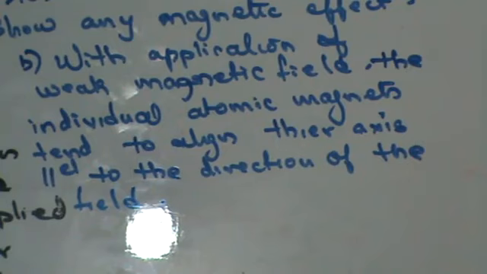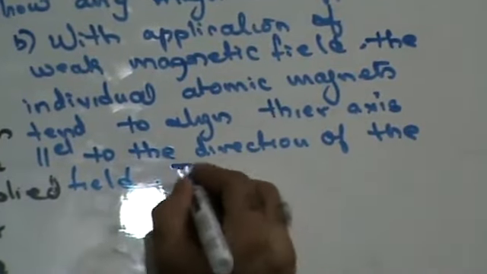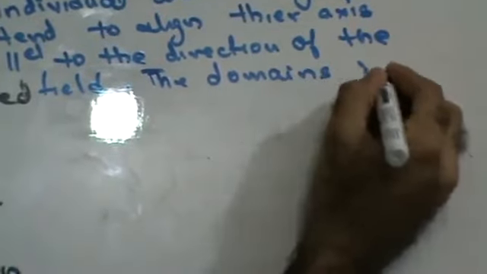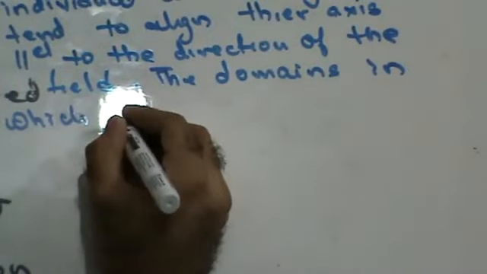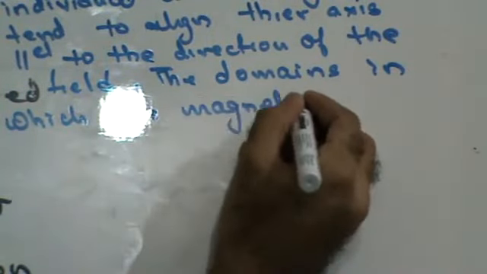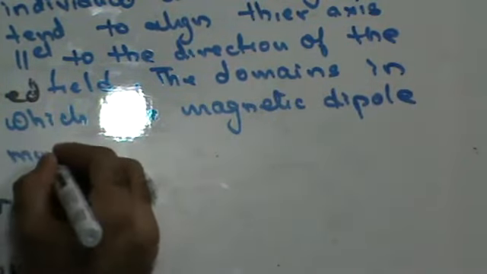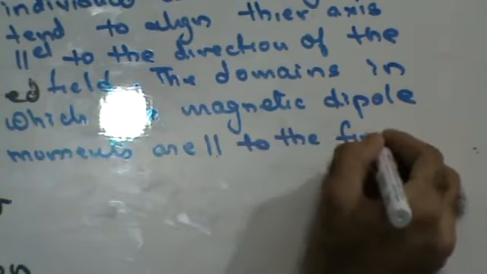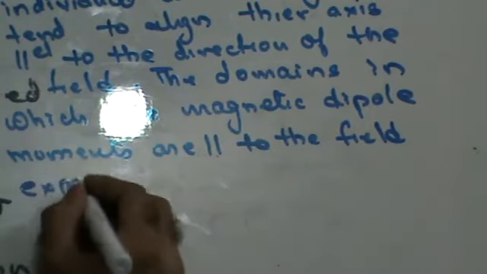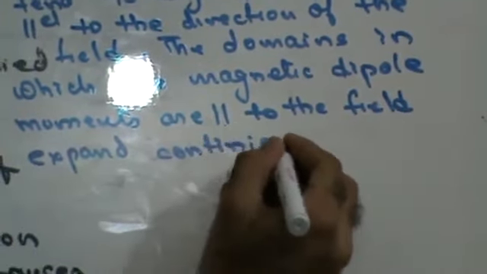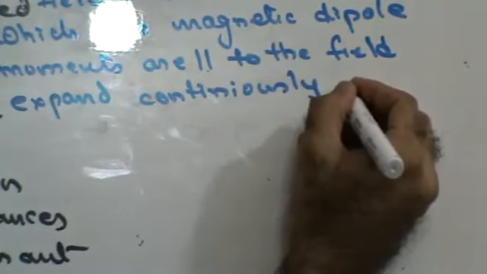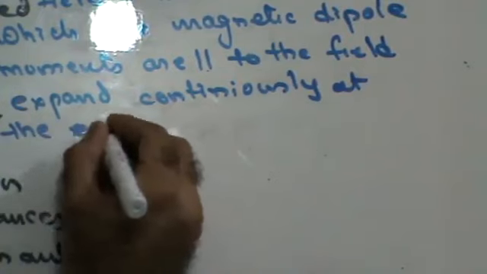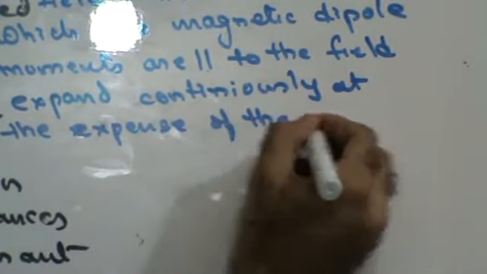I can say that the domains in which the magnetic dipole moments are parallel to the field expand continuously at the expense of the remaining domains.